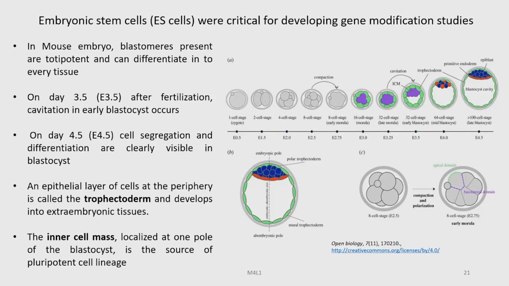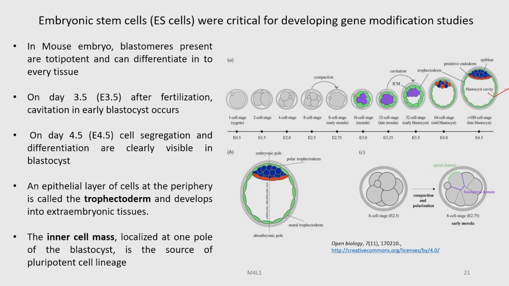In a mouse embryo, blastomeres present are totipotent and can differentiate into many kinds of tissues, almost every kind of tissue. On day 3.5 after fertilization, cavitation in the early blastocyst will occur. Then on day 4.5, cell segregation and differentiation are clearly visible in the blastocyst here.